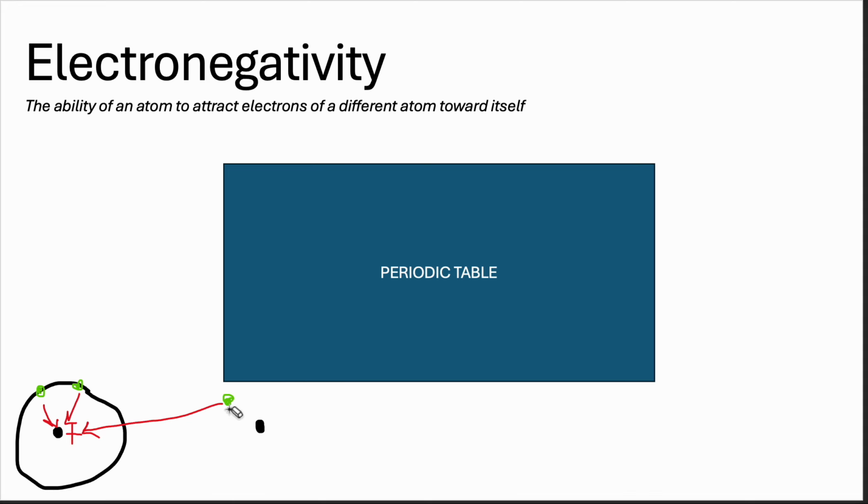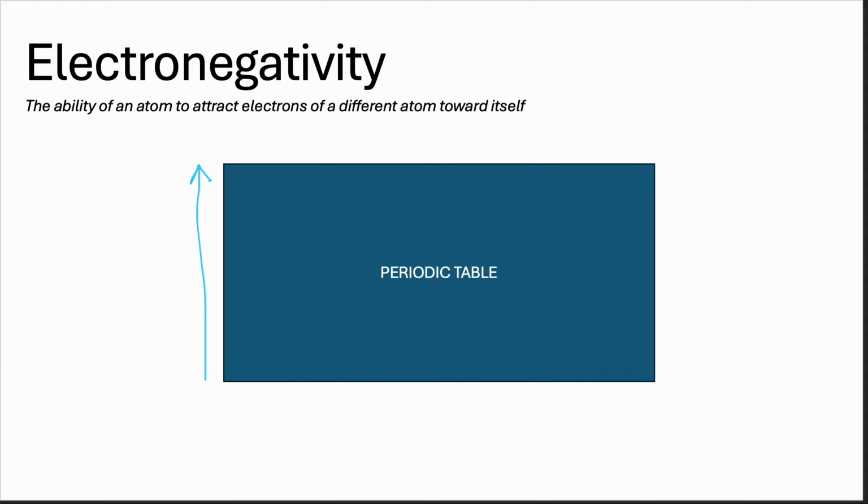So let's draw the direction in which electronegativity is increasing. It follows the same trend as ionization energy, and so it is going to increase as we move, let's choose blue, as we go up and to the right. And again, if we had to draw one arrow, that is the direction in which electronegativity increases.